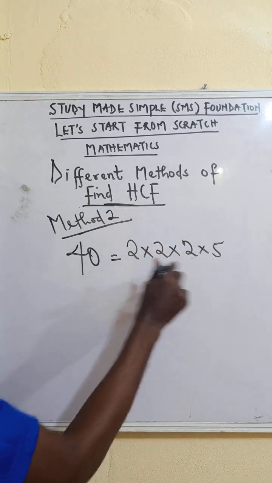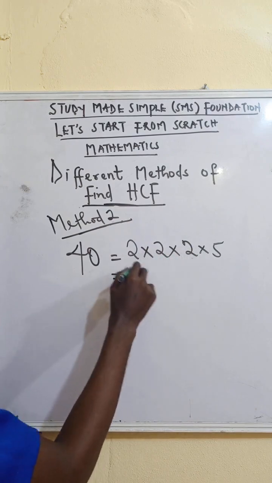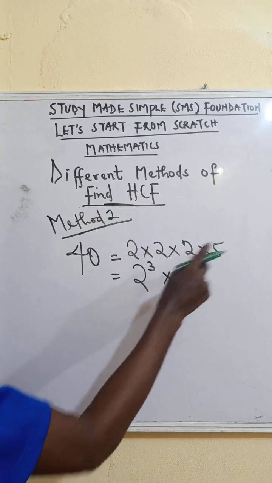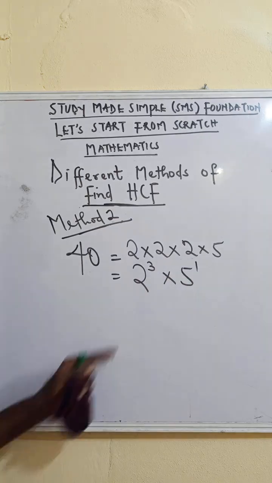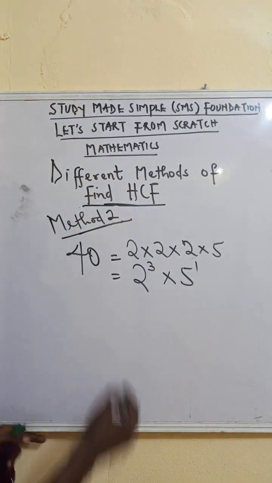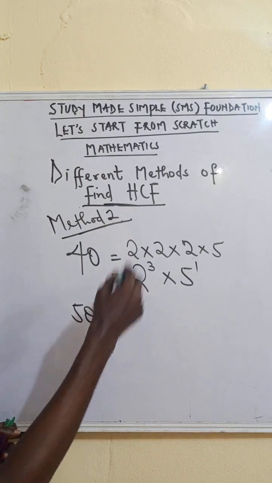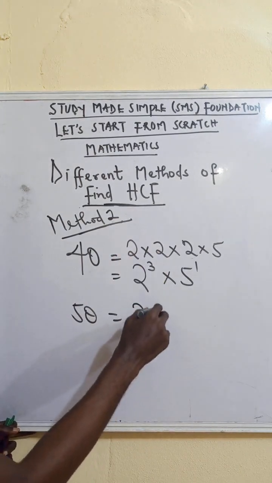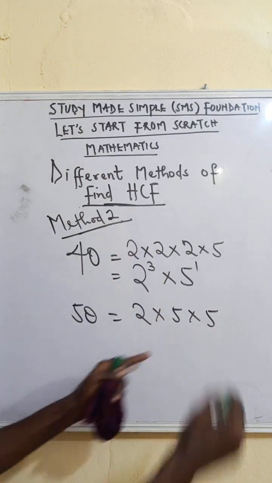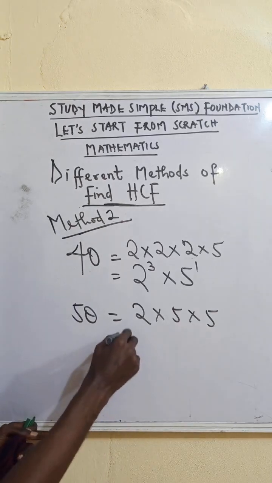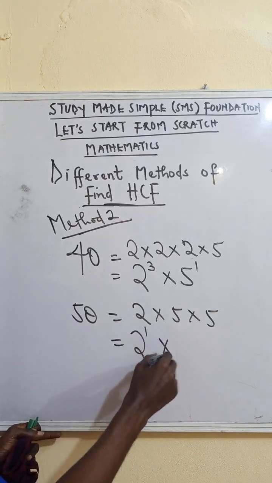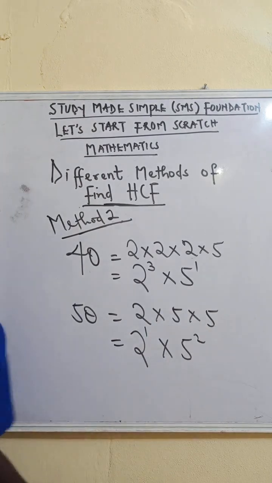So I can write this as, how many times does 2 occur? 2 raised to the power of 3, times, how many times does 5 occur? 5 raised to the power of 1. Let's go for 50. 50 can be broken to 2 times 5 times 5, like we did before. Then let's write it in index form. That will be 2 raised to the power 1 times 5 raised to the power of 2.